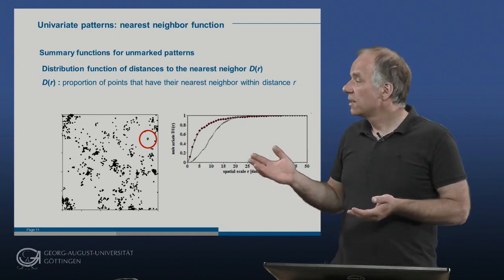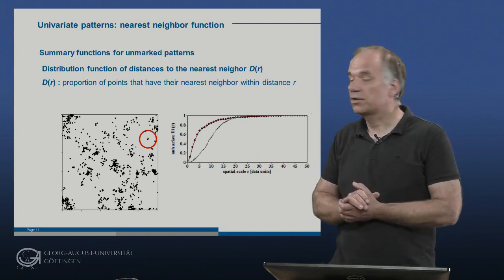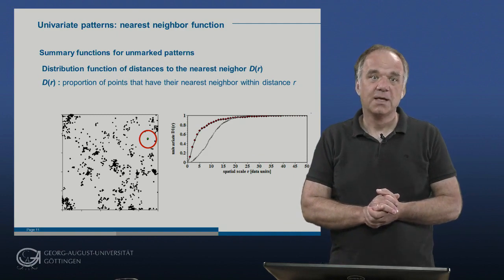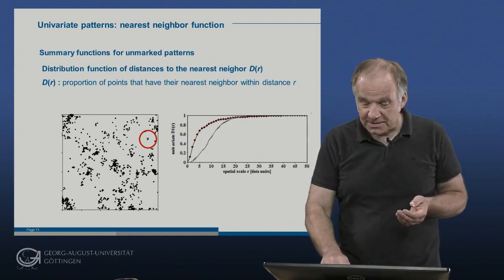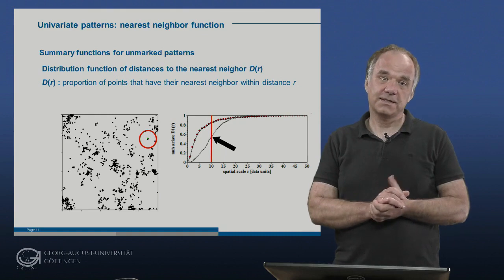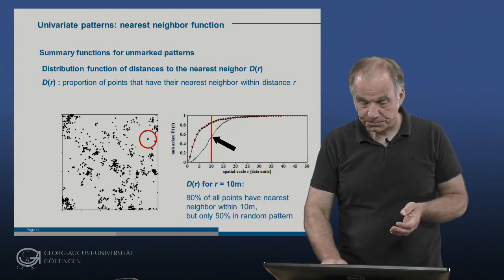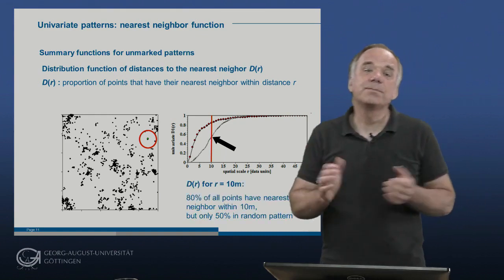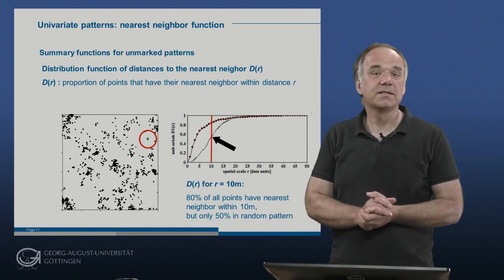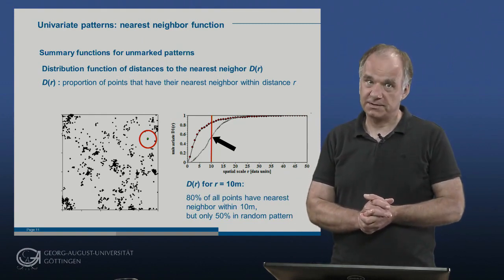This is how the nearest neighbor distribution function looks. Again, if we look at a distance of 10 meters, we find that about 80% of all points have their nearest neighbor within 10 meters.